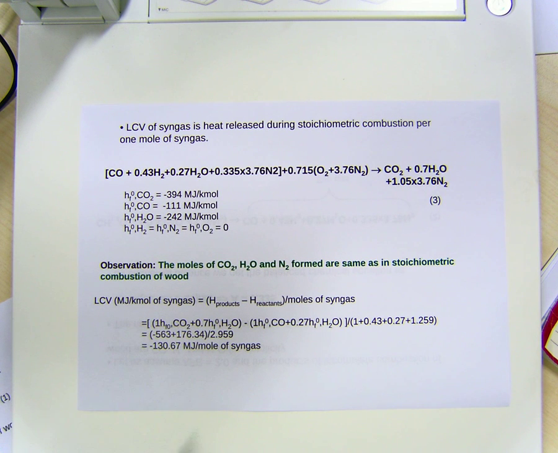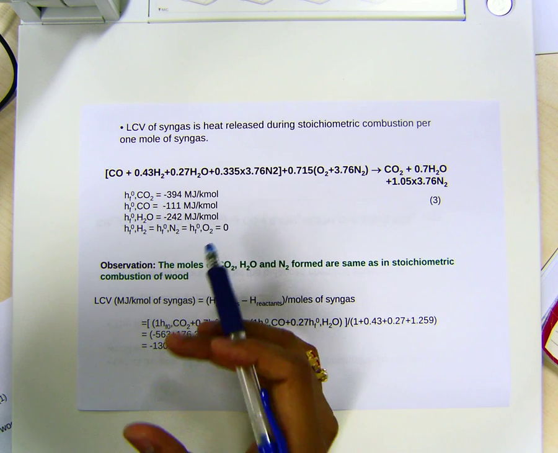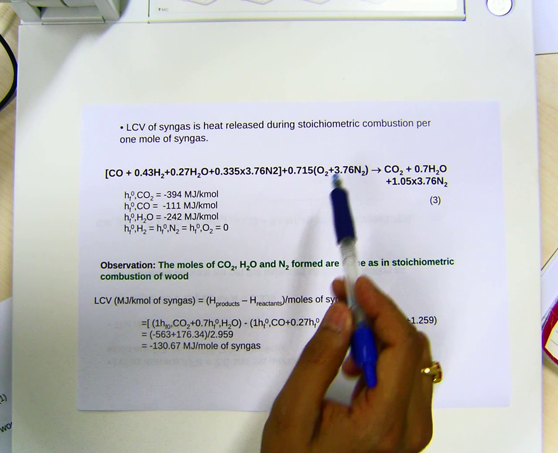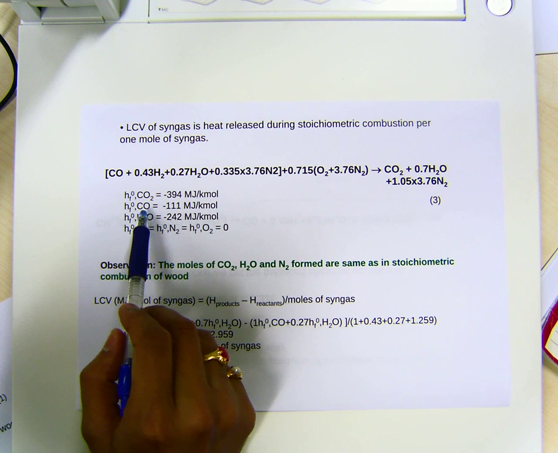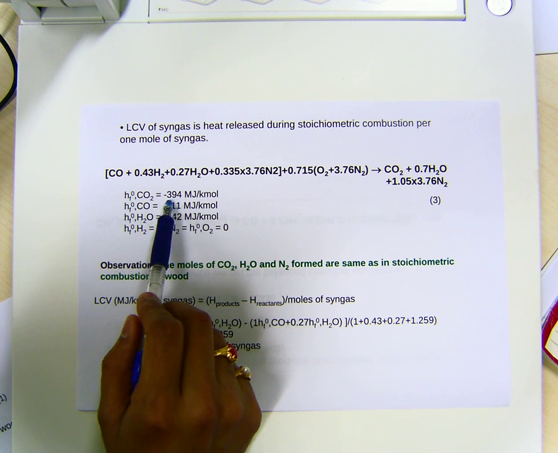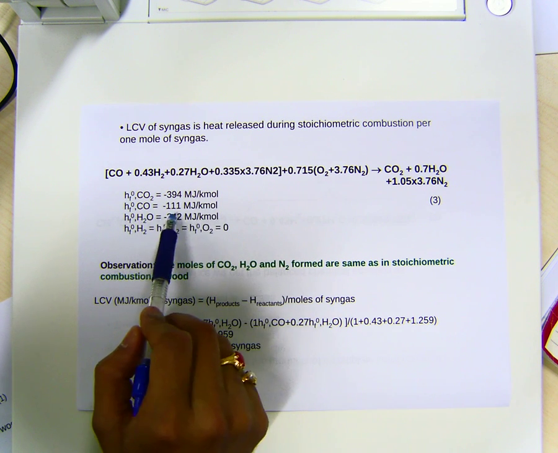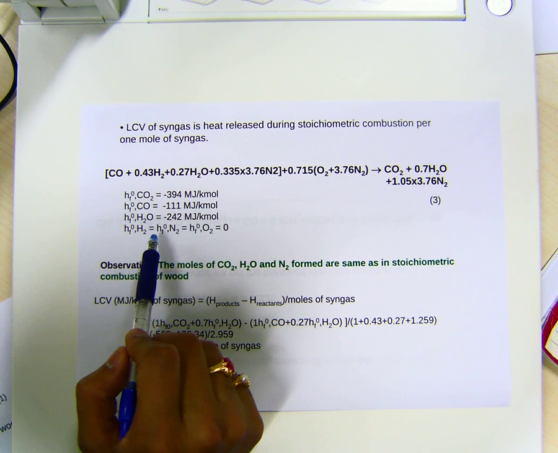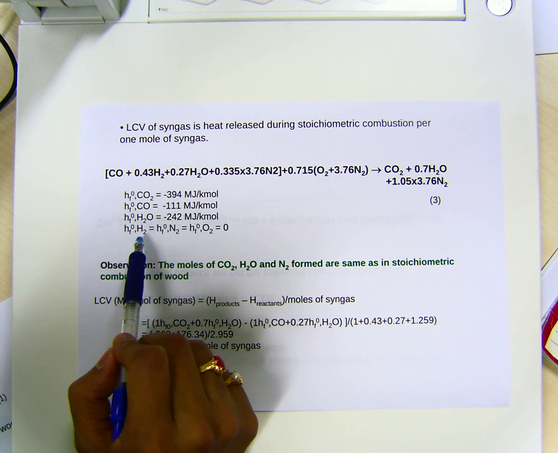According to the definition of LCV, we need heat of formations of all participating species. The heat of formation of CO2 is minus 394 megajoules per kilomole, carbon monoxide is minus 111 megajoules per kilomole, and water is minus 242 megajoules per kilomole.